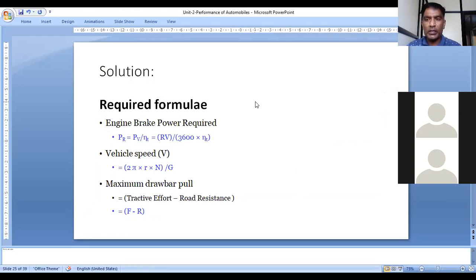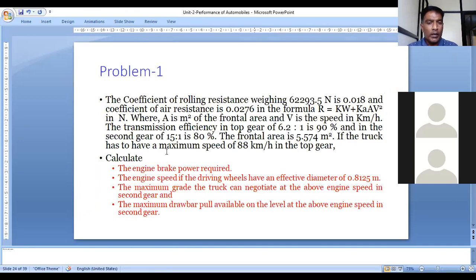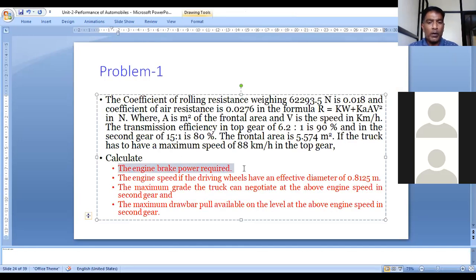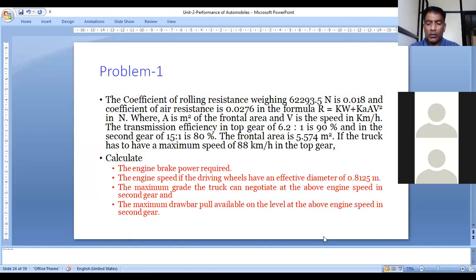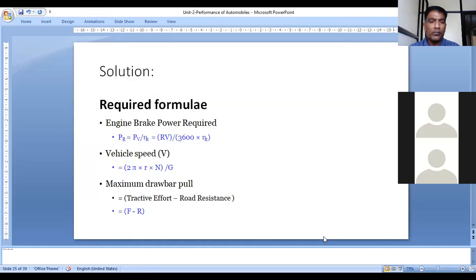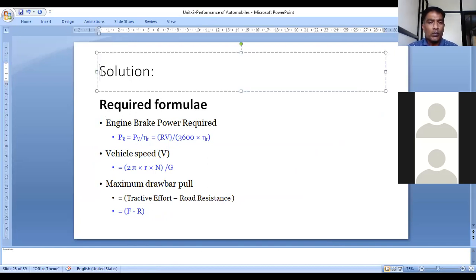You just check here. What is first? Engine brake power required. So we need to write the formula for that. So required formula. Everybody should write.